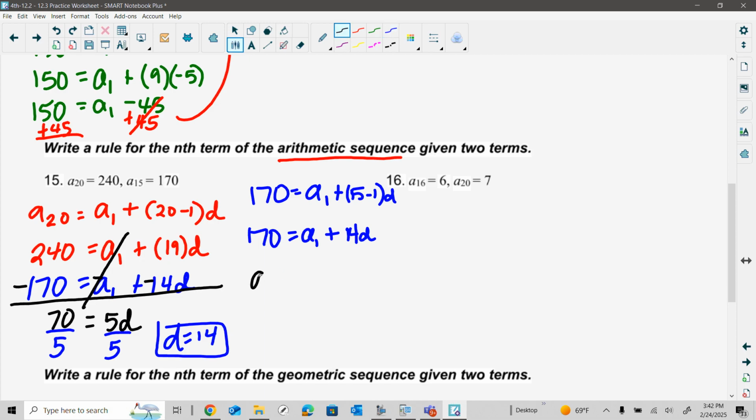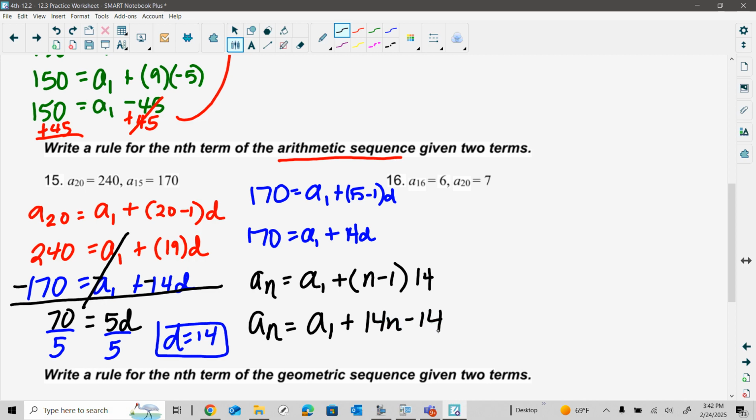This goes back to a sub n equals a sub 1 plus n minus 1 times d. And I know that difference is 14. So when I simplify, my a sub n equals a sub 1 plus 14n minus 14. I'm going to distribute this.